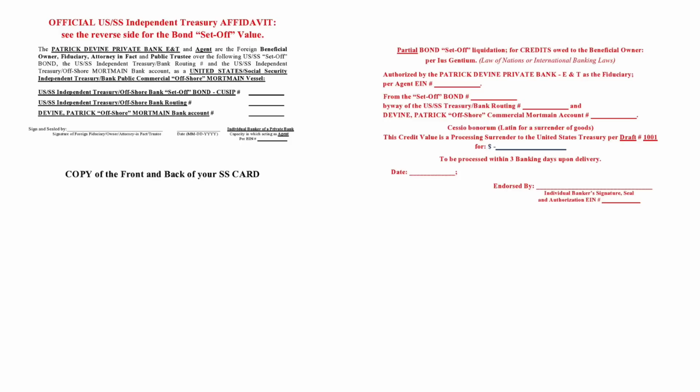You're going to the Social Security Administration? Yes. The initial time, I would do the affidavit with the Social Security card front and back on it, and put the negative value on the back side, correlating with the draft that you're going to do.